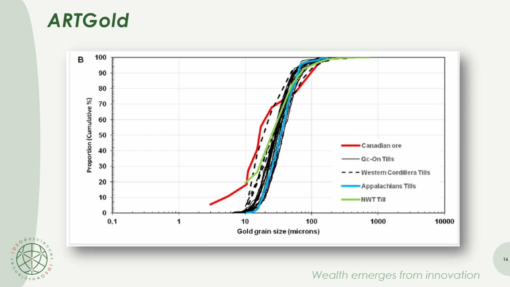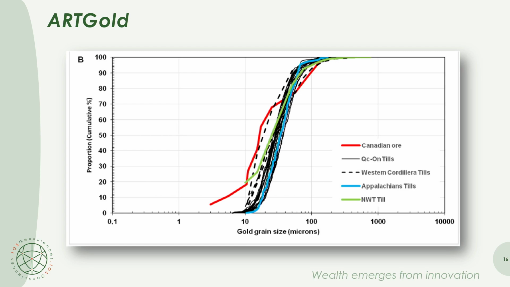So why is it important to recover a lot, and especially to recover and identify small grains? That's the grain size of gold in till from all of Canada and some regions. When you use a binocular, 50 micrometers is as far as you can go.